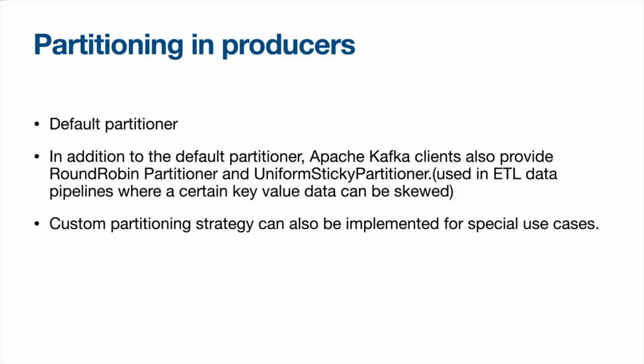And you can also implement custom partitioning strategies for special use cases. When you want to write data into a particular partition for a couple of keys, then you can use a custom partitioning strategy.